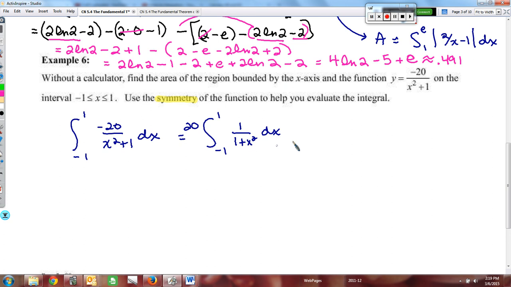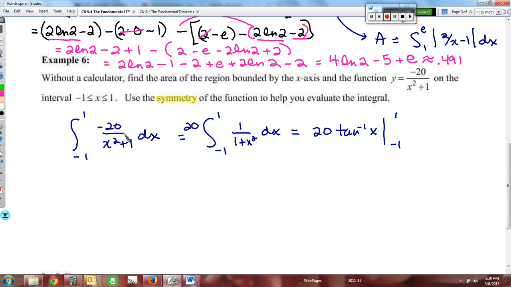And then we would do our antiderivative, which would be 20 inverse tangent of x, evaluated from -1 to 1. And you might be like, all right, this isn't that bad. But one of the other things that you want to recognize is that sometimes when plugging these values in, I don't necessarily have to plug in both of the values to calculate the net change.